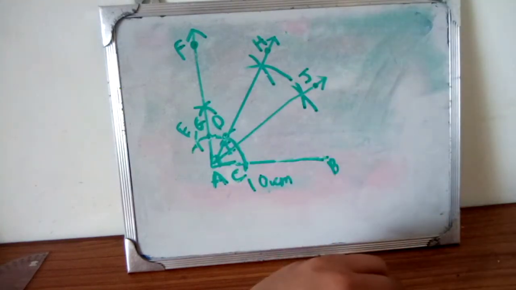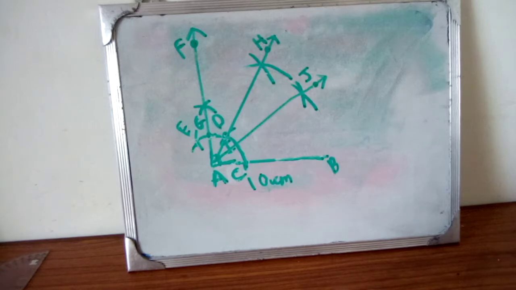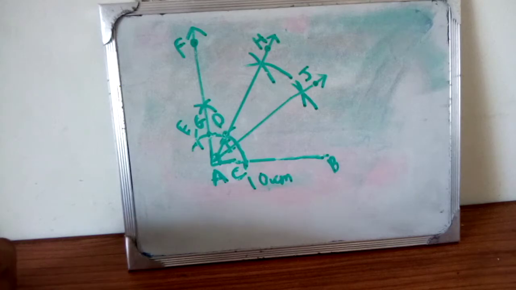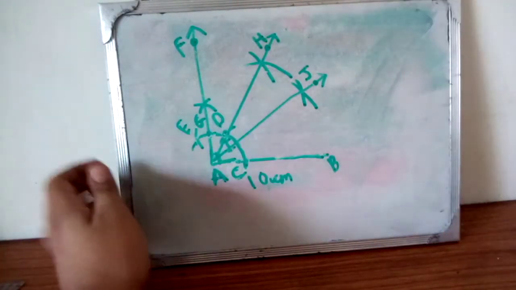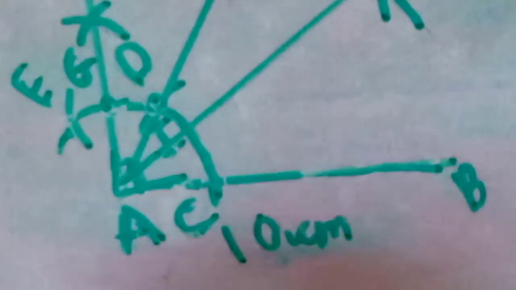So angle JAB is of 22.5 degree. You would check the measurement. This is angle JAB. So we will check the measurement for angle JAB.